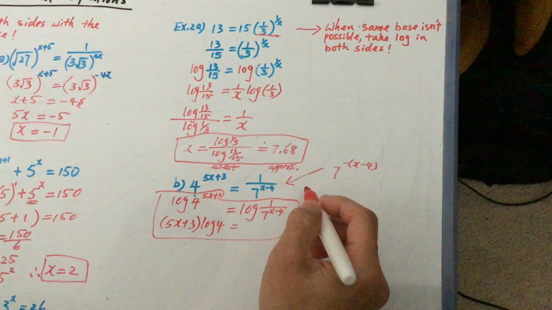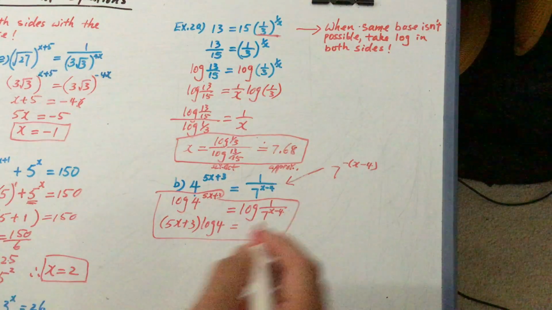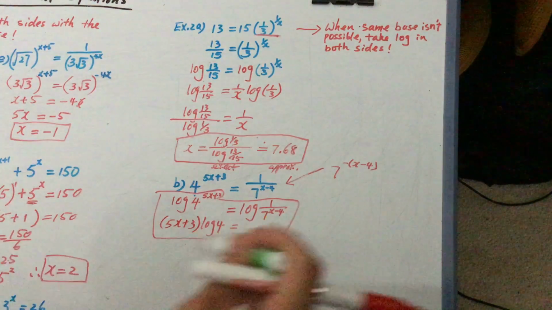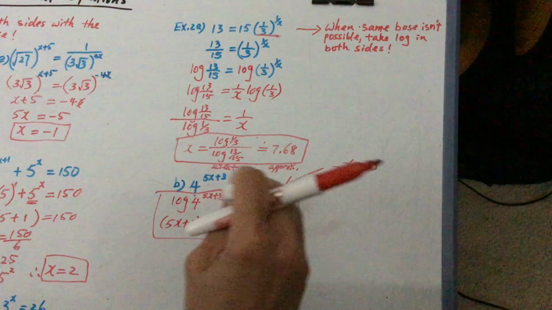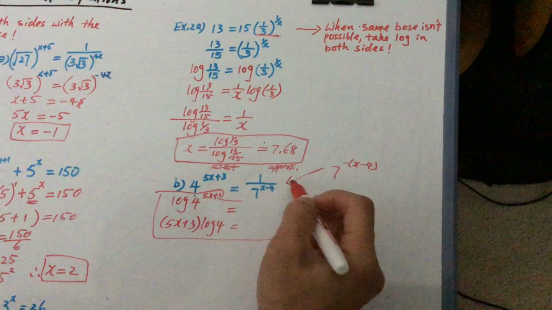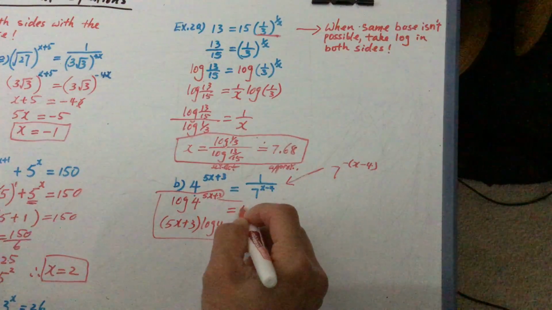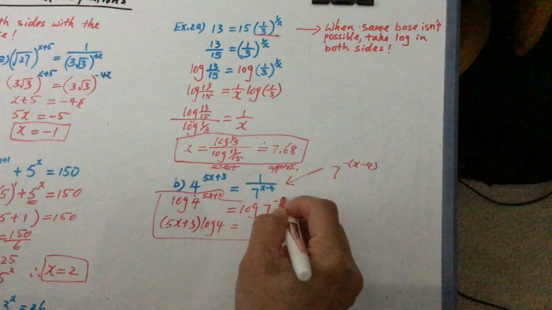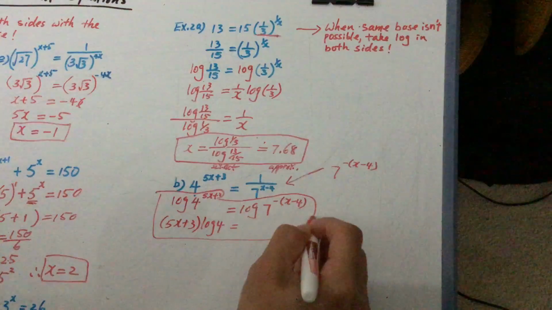So that I don't have to, when I'm taking the log for this end, okay, I can show you. If I make this into that form, now I'm taking the log of 7 to the negative of x minus 4. Yeah, that is what I was supposed to do in the beginning.